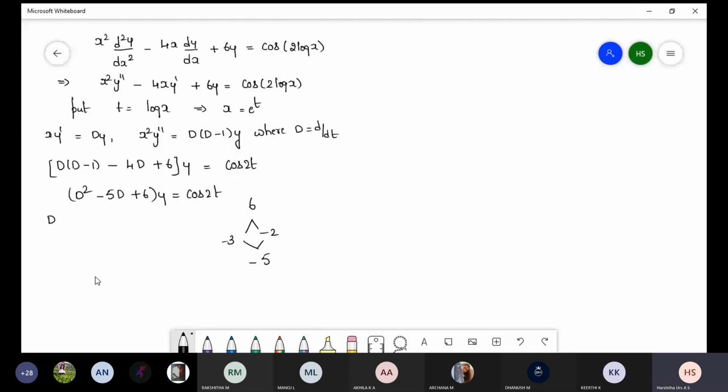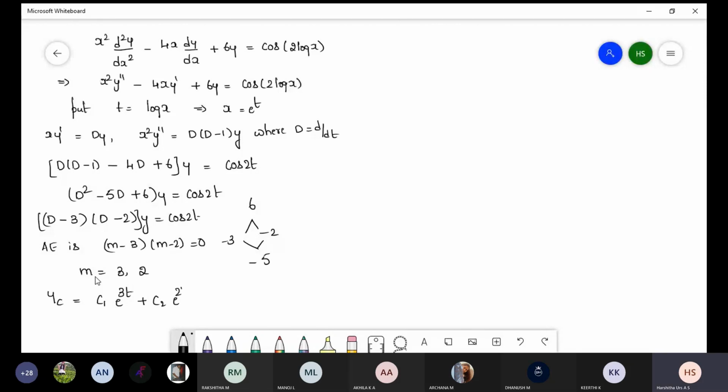So here we can write D minus 3 into D minus 2 into y is equal to cos 2t. So auxiliary equation is m minus 3 into m minus 2 is equal to 0. m is equal to 3, 2. Therefore yc is equal to c1 e power 3t plus c2 e power 2t.